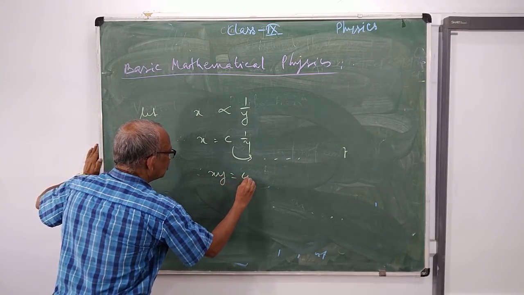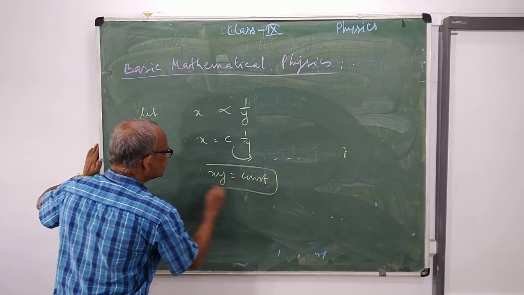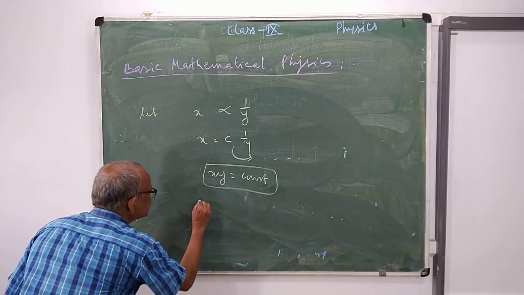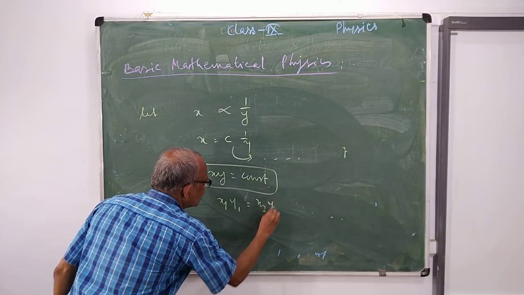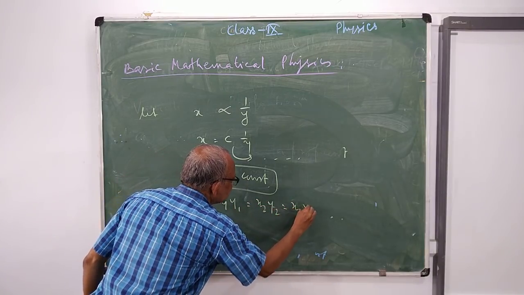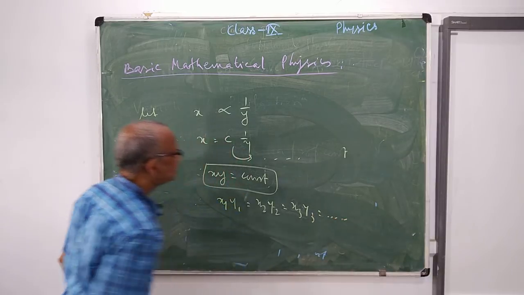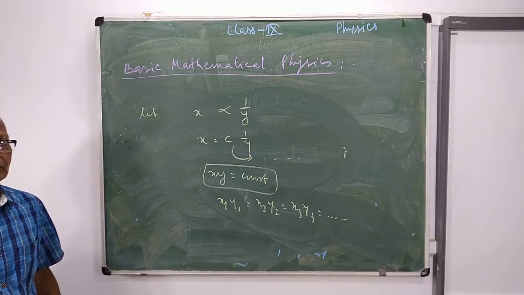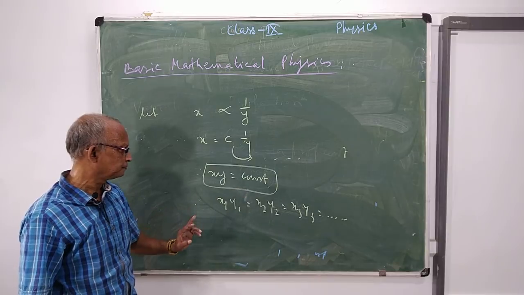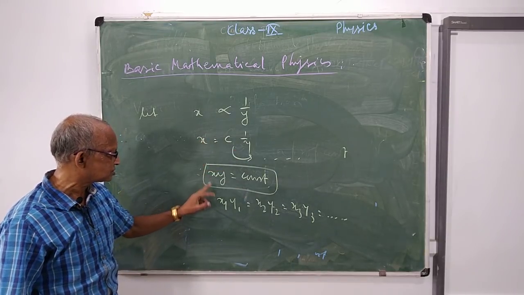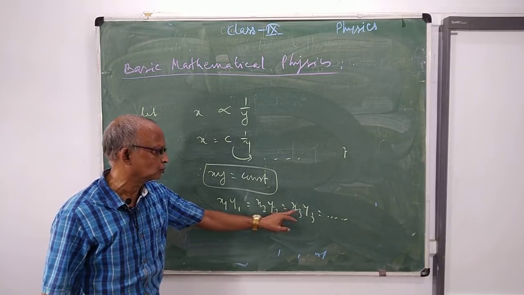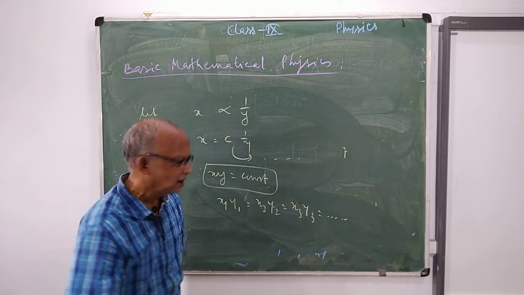Therefore, x into y equals a constant. What do you mean by this? Therefore, x1 y1 equals x2 y2 equals x3 y3 and so on. Okay, this is very simple. So the product of the variables bears a constant value in the case of inverse variation.